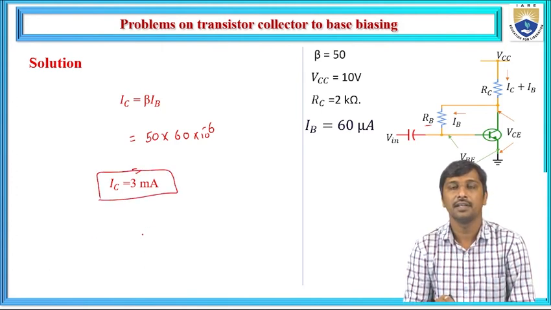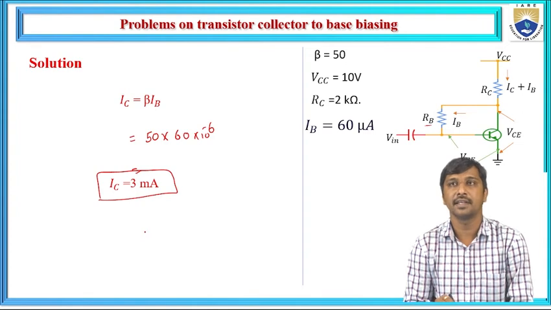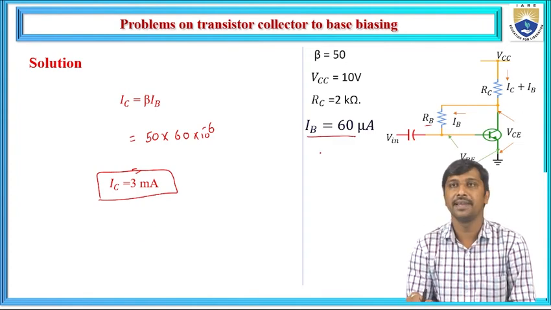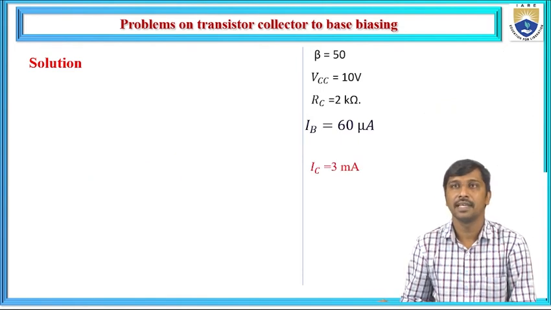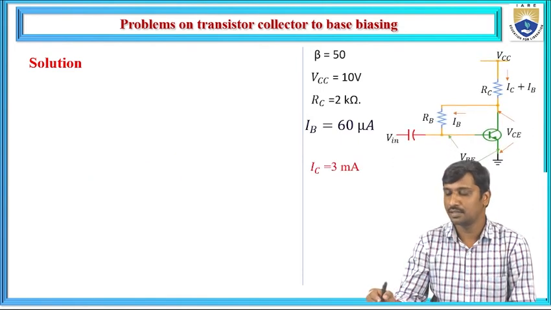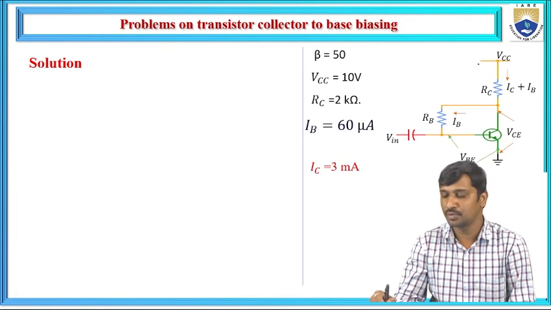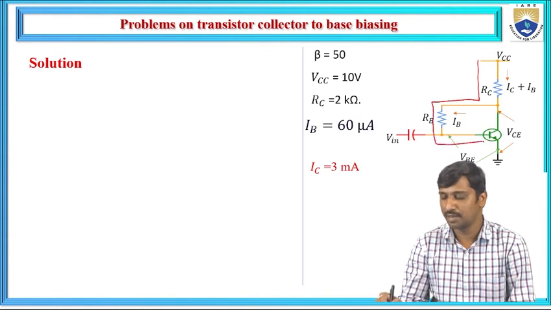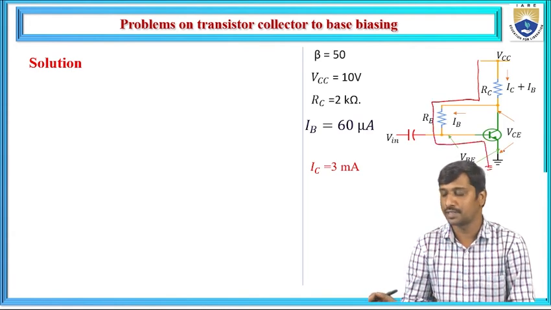Now we are going to calculate how much base resistance is required to produce the base current of 60 microamperes. For this, let us apply KVL at the input side, from VCC through the collector resistance, towards the base, towards the emitter and towards the lower potential.